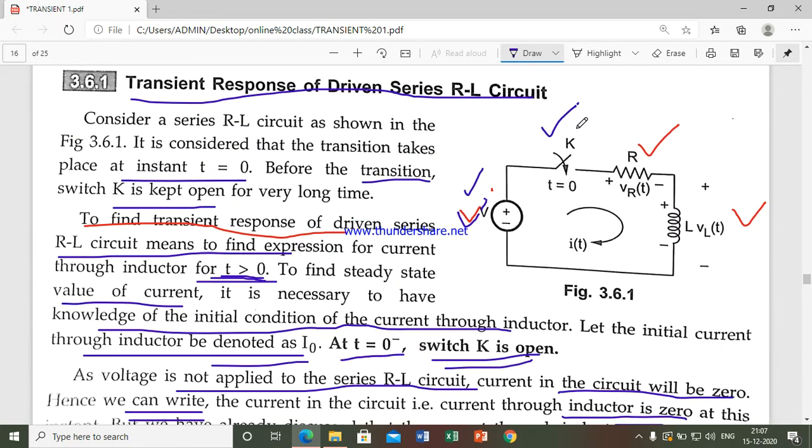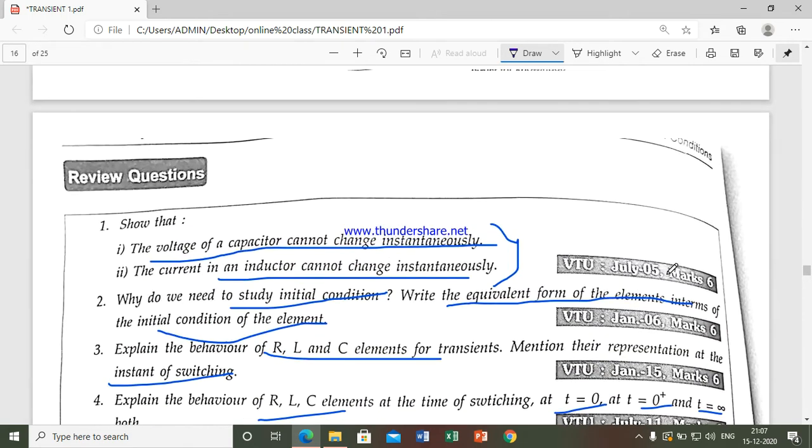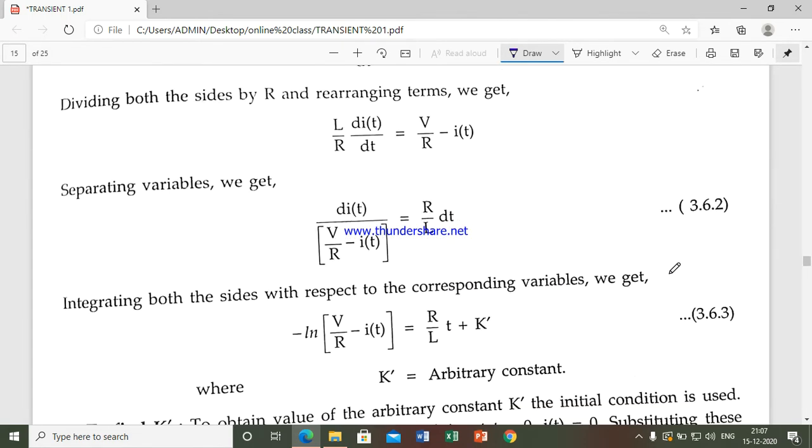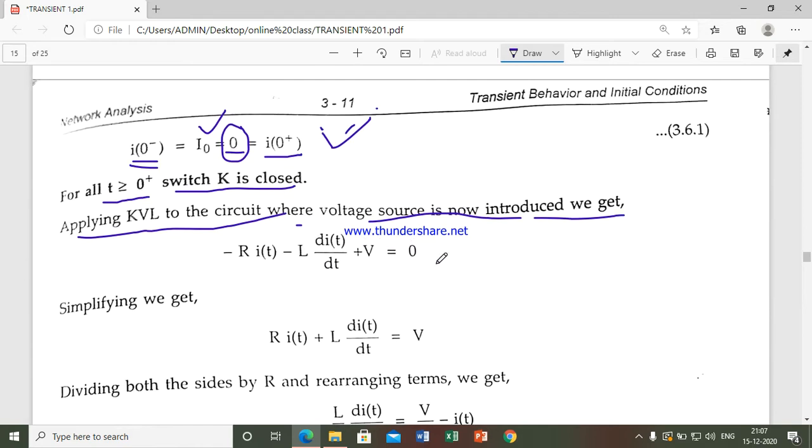This is the circuit. If you apply KVL for this circuit, how can we write this? V equal to minus I into R minus, and then you can write down for the inductor. So they have written minus L into di by dt plus V equal to 0.